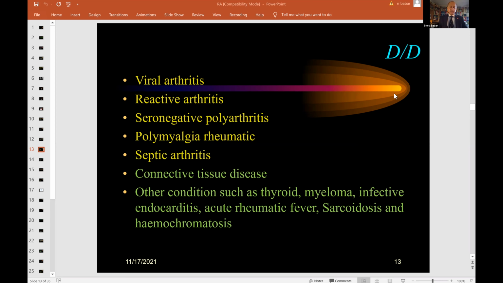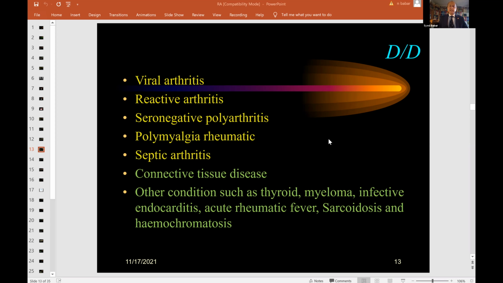Septic arthritis sometimes appears in the same way and must be excluded as a matter of priority. There are some connective tissue disorders which mimic symptoms and sufferings of rheumatoid arthritis. There are other conditions such as thyroid cancer, multiple myeloma, infective endocarditis, acute rheumatic fever, sarcoidosis, and hemochromatosis.